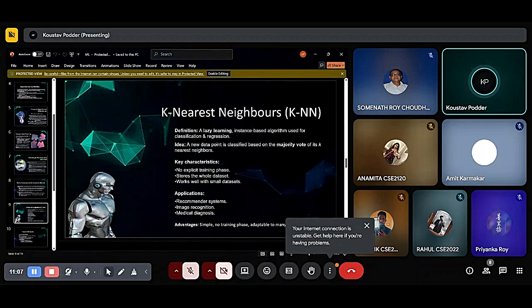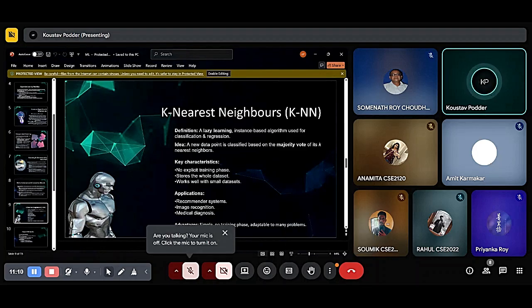It just stores all the data, and when it is time to classify, it takes that data and chooses the best values and classifies it. So some key characteristics are: no explicit training phase, as we said, it stores the whole data set, and works well with small data sets.